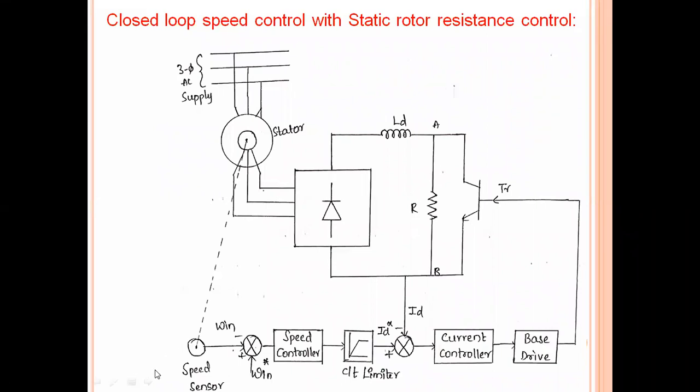And the remaining closed loop speed controlling technique is very much the same as we have seen in many closed loop operations for stator control of induction motor drive and DC choppers, right? Similarly, you can see here the actual speed of the motor is sensed by a speed sensor, and the actual speed is compared with the reference or set speed.